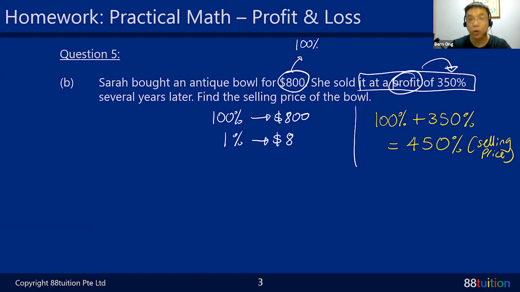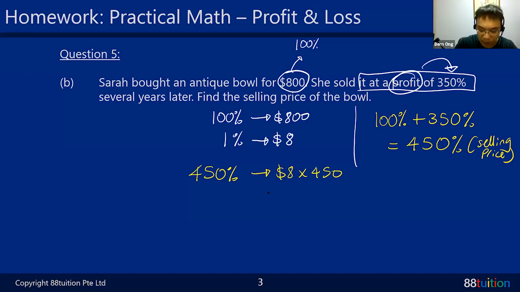So 100% is the cost. On top of the cost, she made a profit. Profit is an add-on, so it's plus 350. Wow, she's selling it at 450%. My goodness. So $8 times 450 will be the price of the antique. In this case, it will be $3,600. Can you see that?